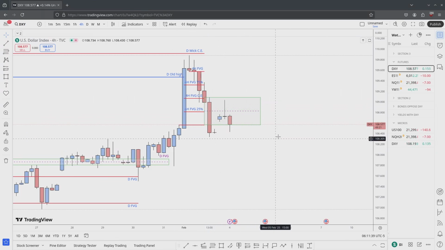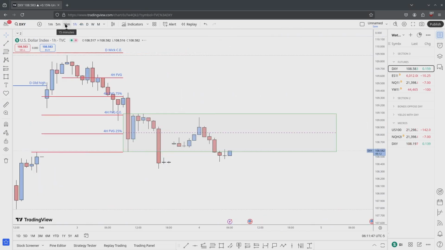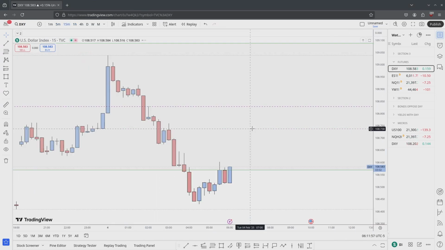Take the two wicks, you got that fair value gap. Created the consequent encroachment of this, moved away into this new day opening gap.